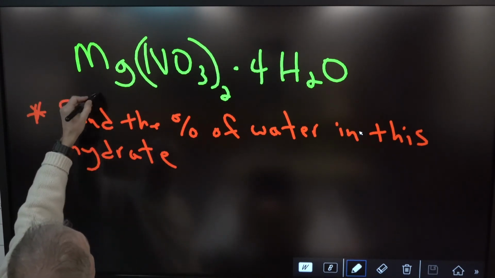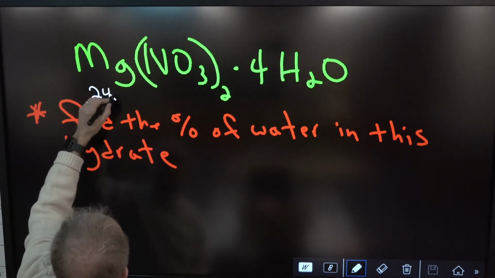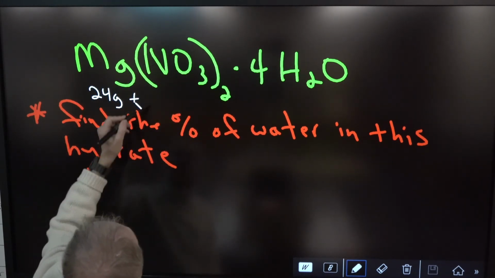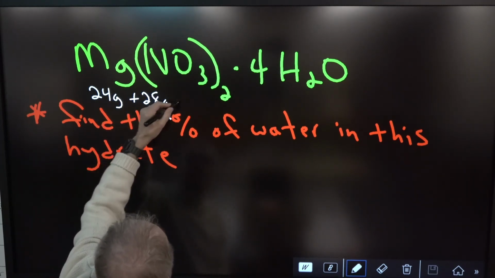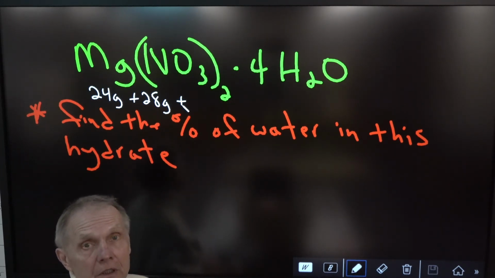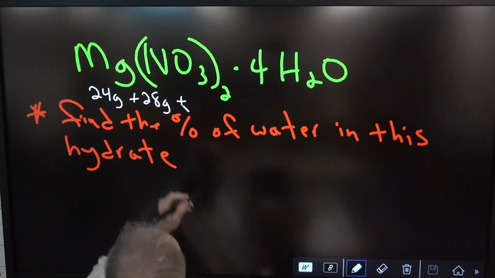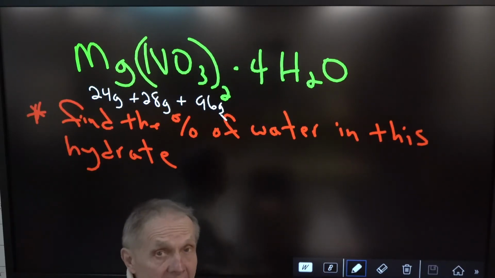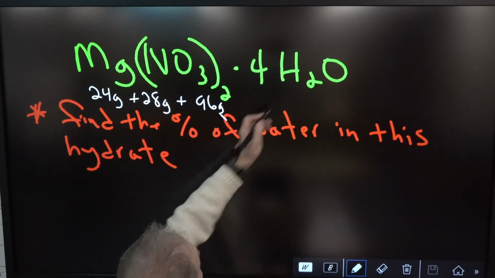Magnesium, 1 mole of magnesium weighs 24 grams. We have 2 moles of nitrogen, that's 28 grams. We have 6 moles of oxygen, and that's 96 grams. Now, that dot means water of hydration. So it doesn't mean multiply the masses times the water.